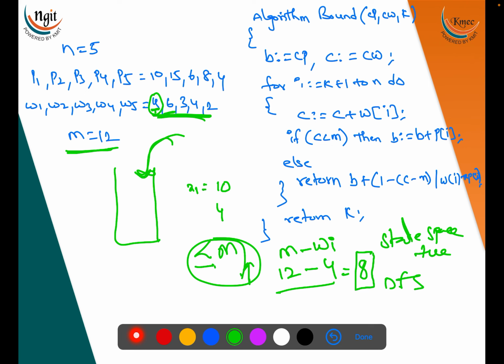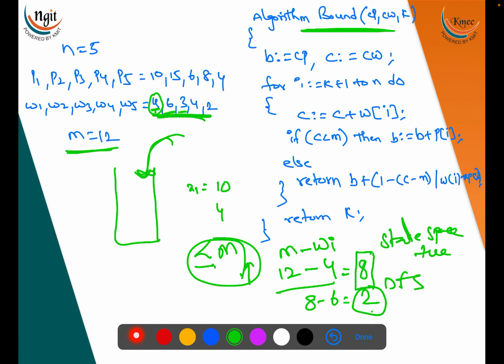Now I am choosing the second object, which is 6. So 8 minus 6 will be 2, right? So now I have 2 kgs of capacity left, but the third item's weight is 3 kgs. So I cannot place 3 kgs in 2 kgs of space. What I'm going to do is apply the bound function. What is this bound function?